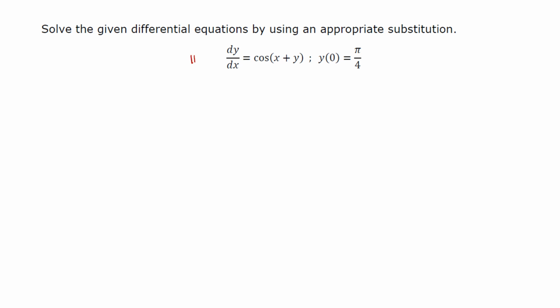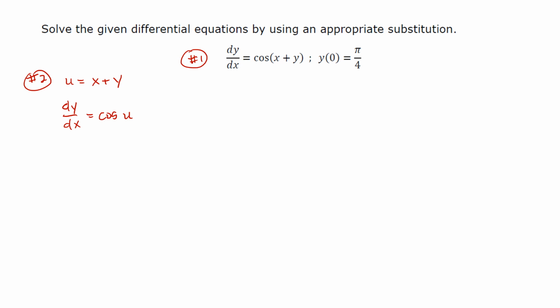Our problem is already identified as dy dx. It's already been isolated. So we can now move on to step number 2 with u equaling x plus y. That means dy dx equals the cosine of u.